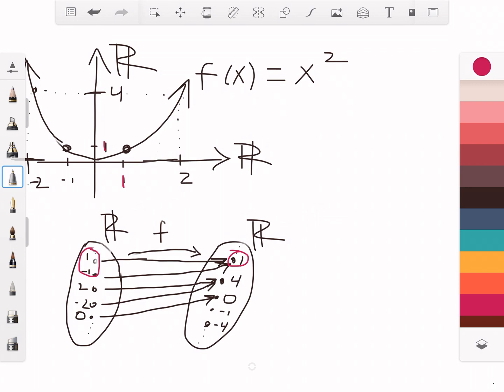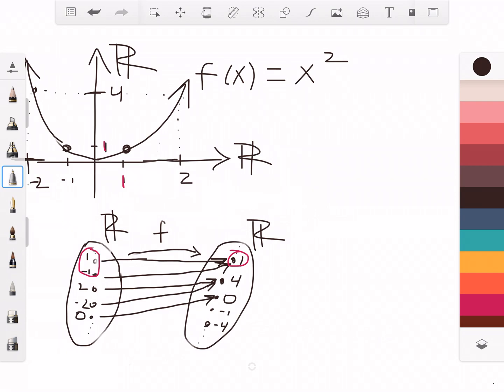So you can think of this as the x-axis, and this is the y-axis. Now something you've probably noticed is that not every real number here gets hit.